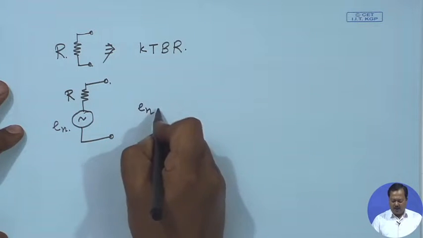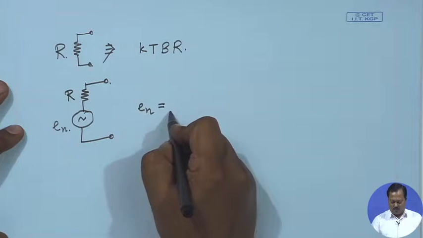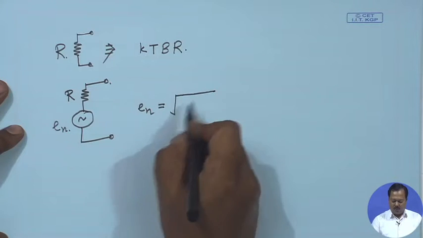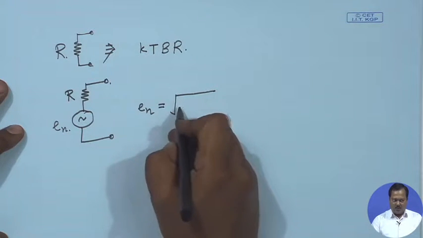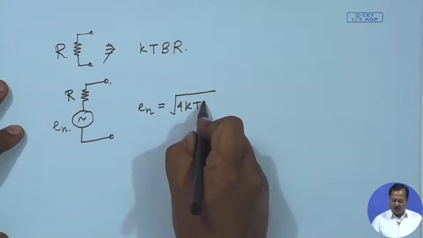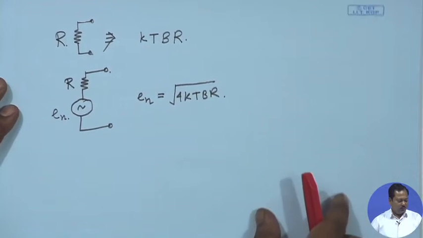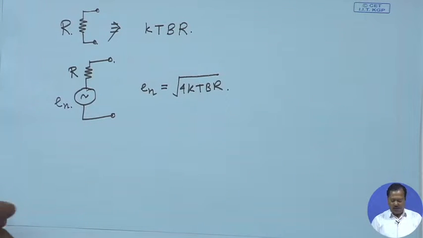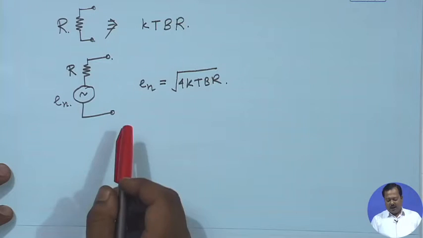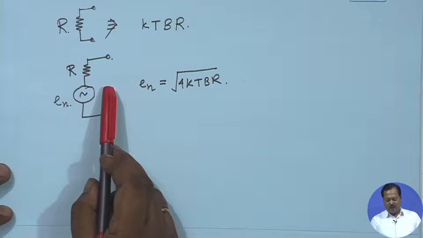In that case, E n is equal to the square root of 4kTBR. It can be shown that the noise contribution depends only on the temperature of the resistor, not the resistance value.